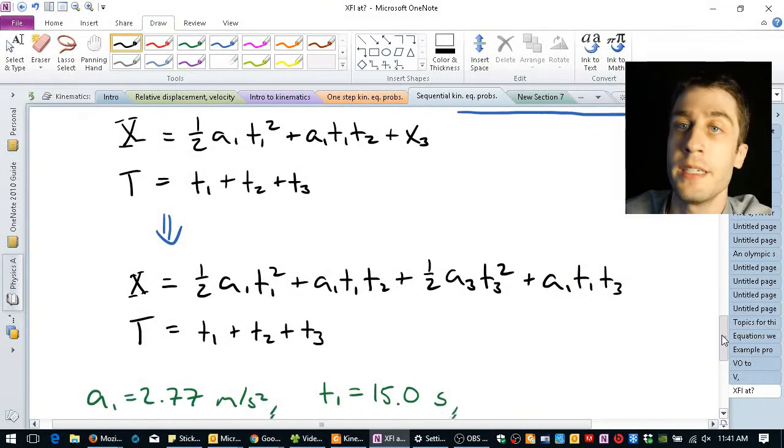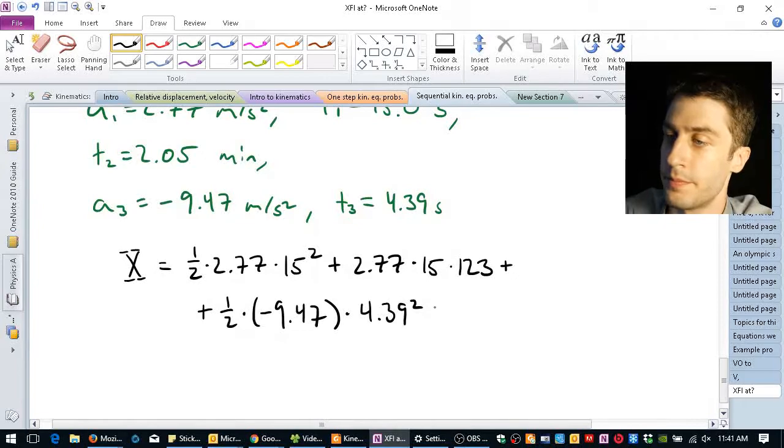And A1 T1 T3 is our last term. 2.77 times 15 times 4.39.